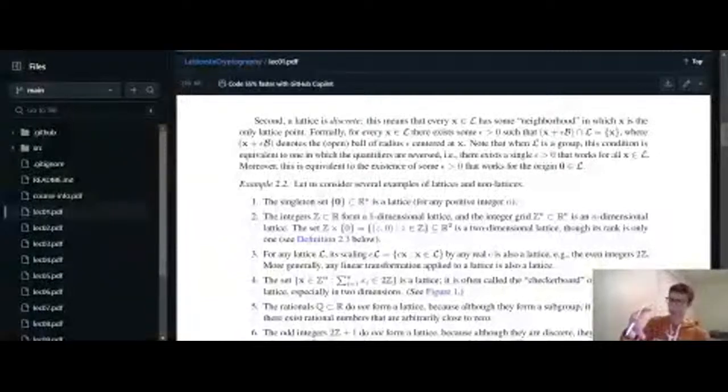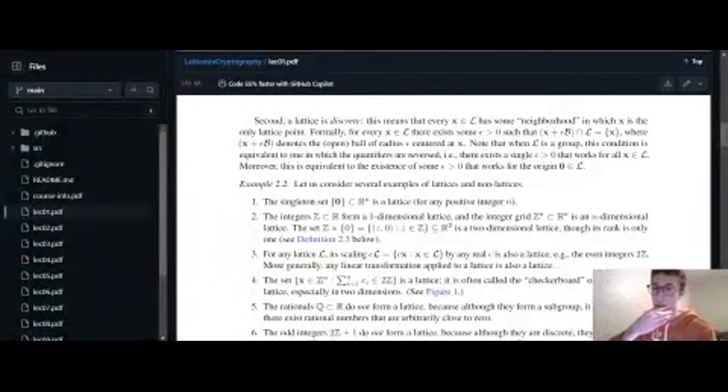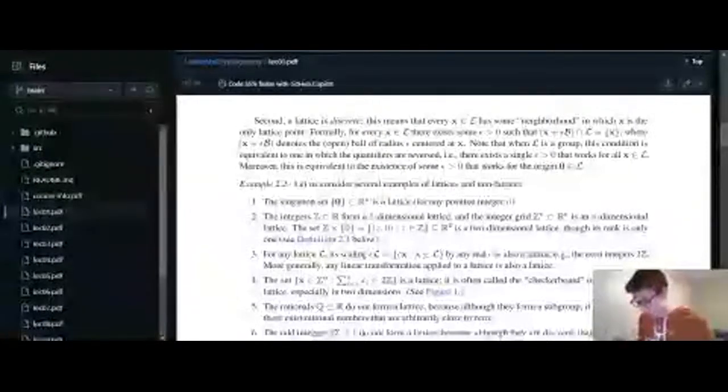The theorem is saying that to be a lattice, there's some circle you must be able to draw around that point x, such that x is the only point of the lattice intersecting that ball. So that makes sense conceptually.